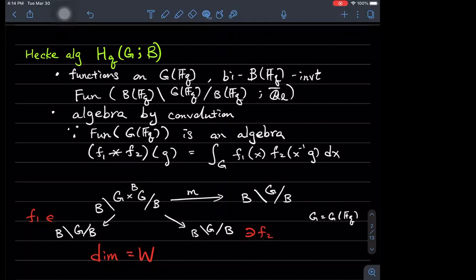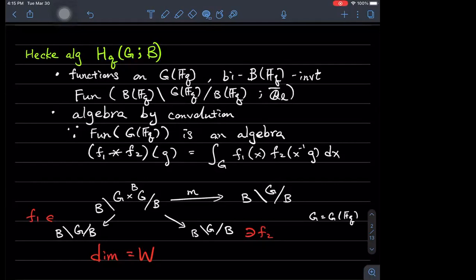In other words, you may think of it as the function space on this double coset with Q_l bar value. The Q_l bar here is just for geometric purposes. You can replace it by C, the complex numbers. But they're abstractly isomorphic.